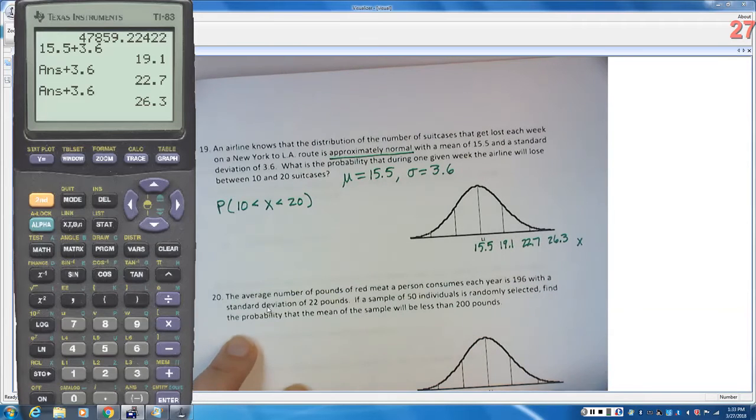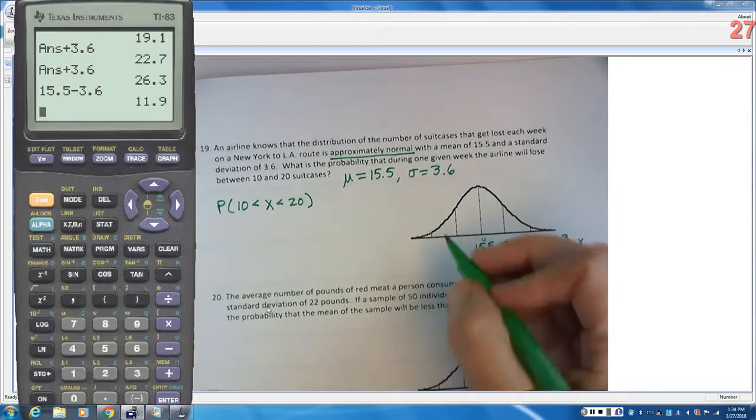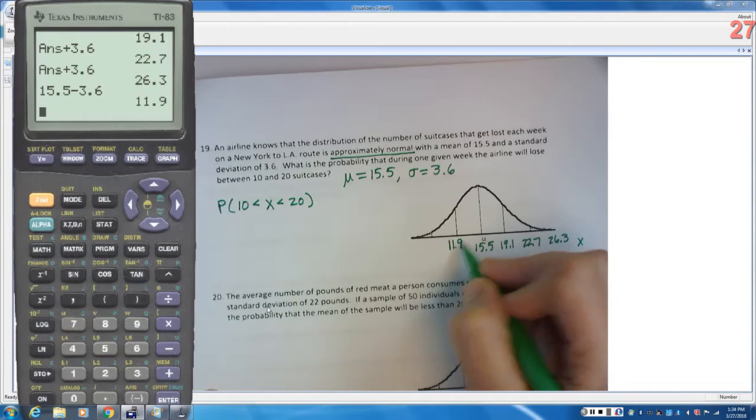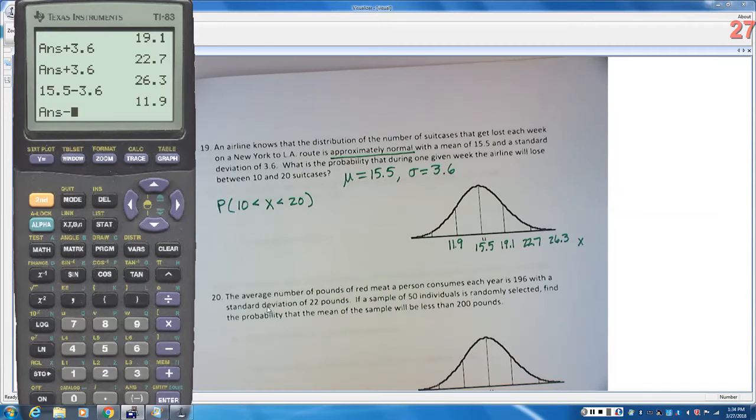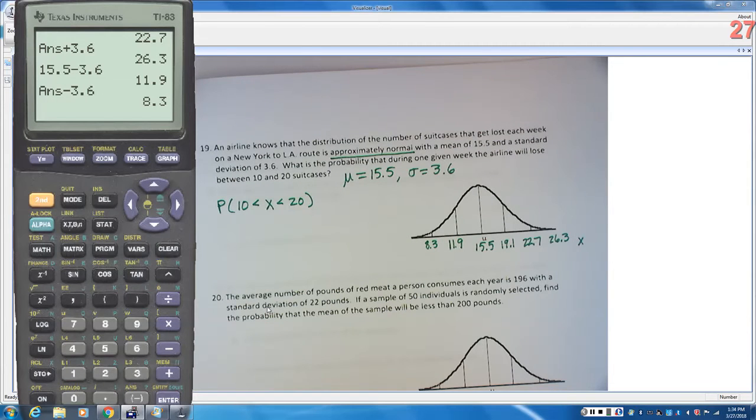This is our X. Subtract from 15.5 the standard deviation, 3.6, 11.9, subtract another 3.6, 8.3, and subtract 3.6 to get the third, 4.7.